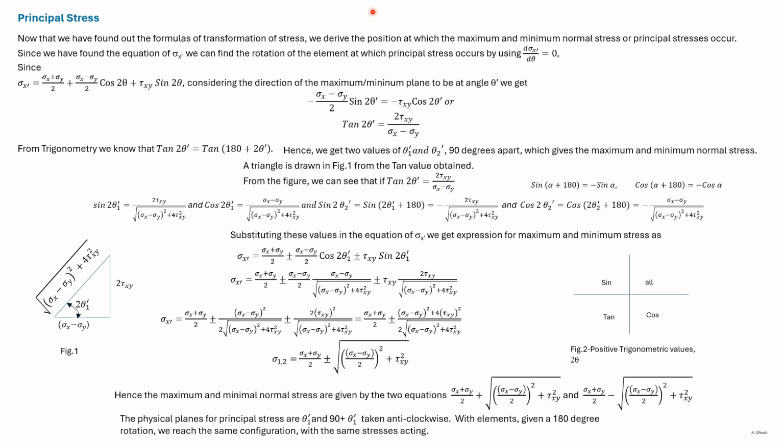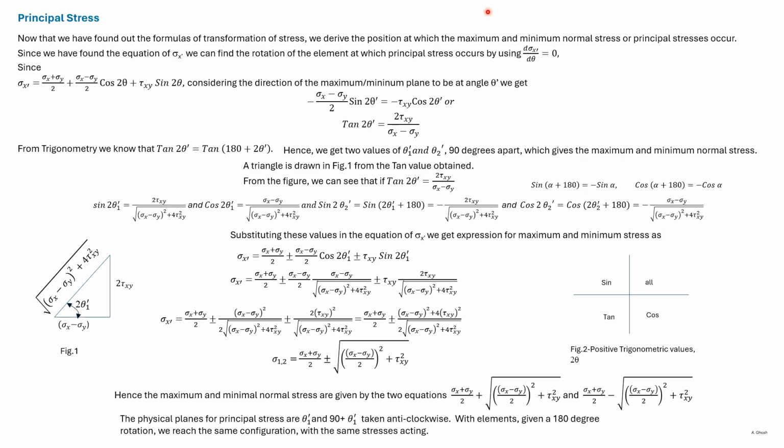Now substituting theta dash 1 in this equation for theta, we get this equation with the positive signs. Now substituting theta dash 2 for theta in this equation, we get this equation with the negative signs. So this equation accounts for both theta dash 1 and theta dash 2.